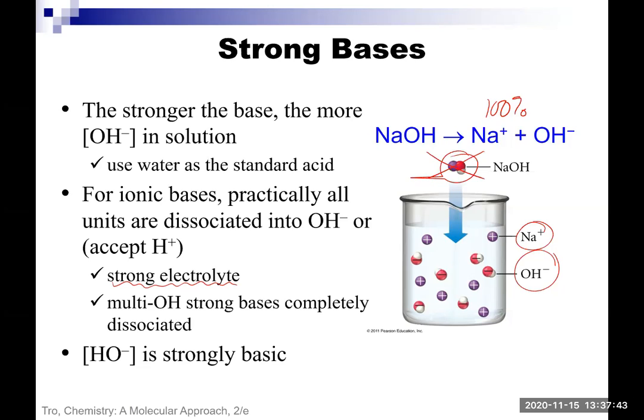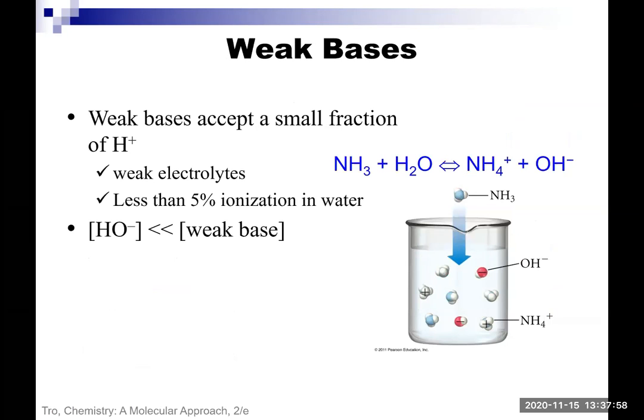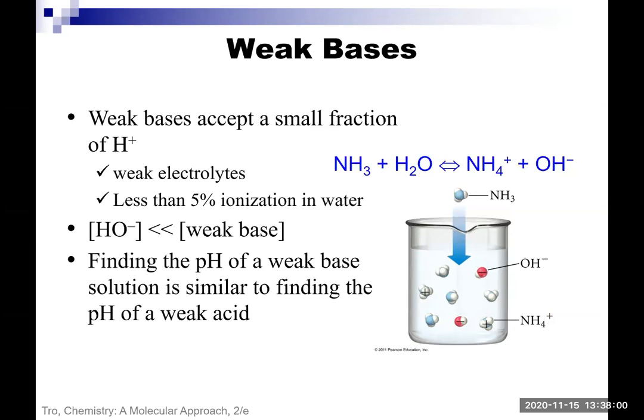If we started out again with 0.10 molar sodium hydroxide, we would have 0.10 molar OH minus in solution, and OH minus is strongly basic. A weak base, on the other hand, is going to ionize less than 5%. So we're going to have less than 5% of these ions in solution when we put a weak base like NH3 in water.